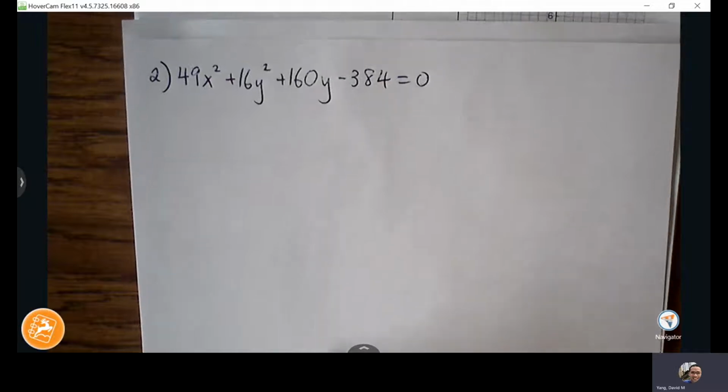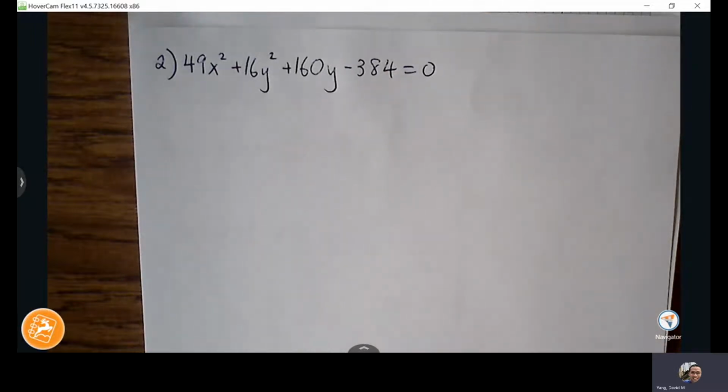Okay, look at how number 2 is set up. This is definitely not in standard form, but do we have to complete the square for both the variables? No. Just the y's.